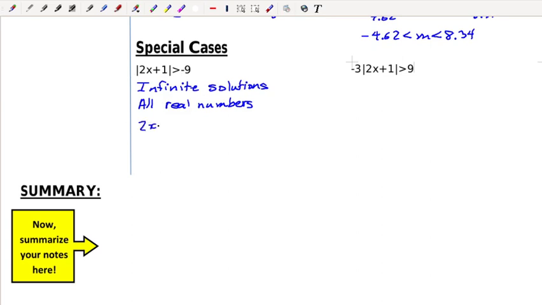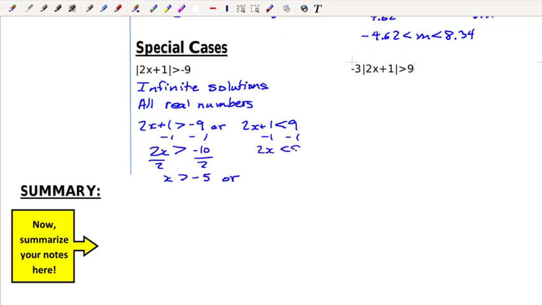So we have 2x plus 1 greater than negative 9, or 2x plus 1 less than positive 9, and we solve this. We got x is greater than negative 5, or x is less than 4. So x is greater than negative 5 or x is less than 4.